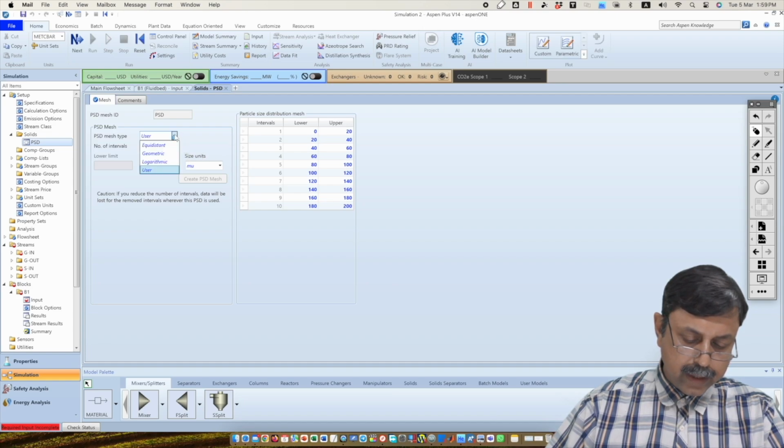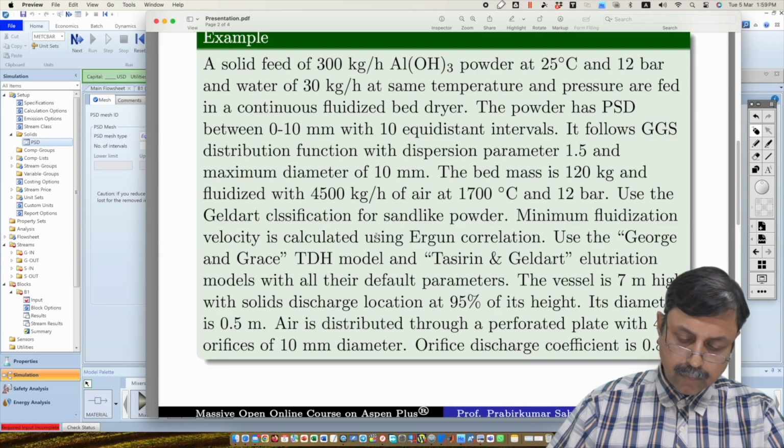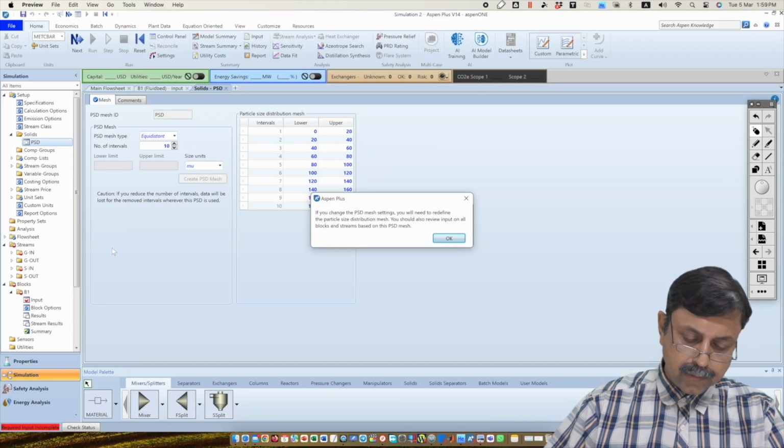This is equidistant. Let us see the problem once again. The powder has PSD between 0 to 10 millimeter with 10 equidistant intervals. So equidistant with 10 intervals.